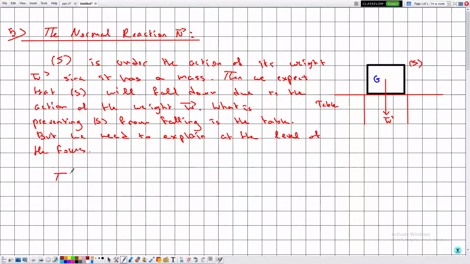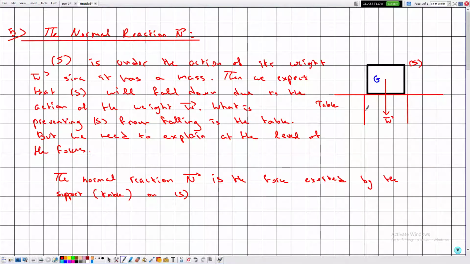The normal reaction N is the force exerted by the support, and by the support I mean the table, on S. In order to explain why S is not falling, I have introduced this new force.